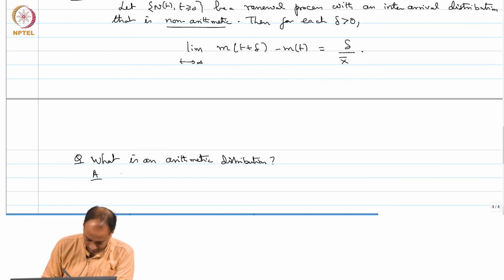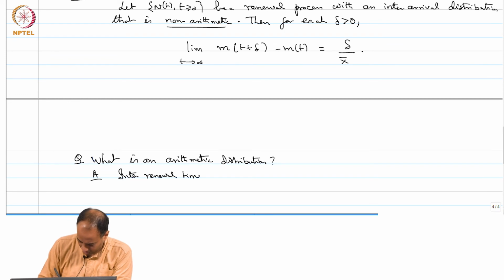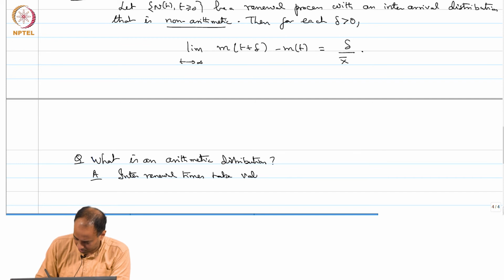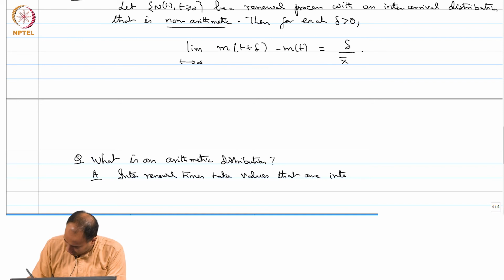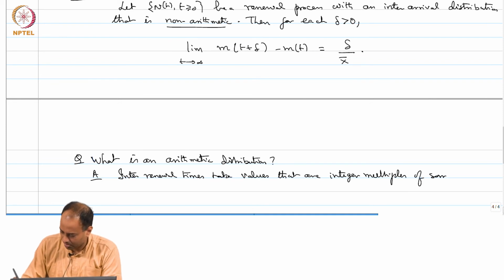So, what is an arithmetic distribution? Answer: interrenewal times take values that are integer multiples of some parameter kappa greater than 0.